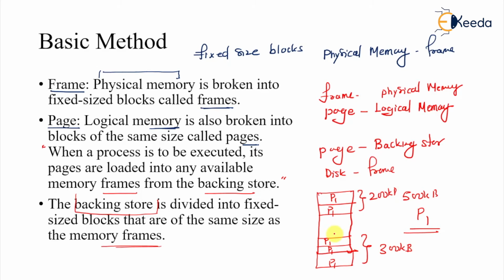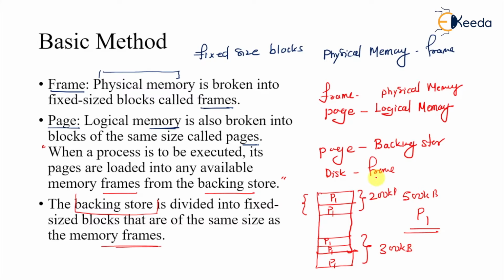Now we are dealing with internal fragmentation. We are still not able to remove internal fragmentation, it will still be there, but because we have removed the criterion of being contiguous, we can definitely take advantage and tackle external fragmentation.